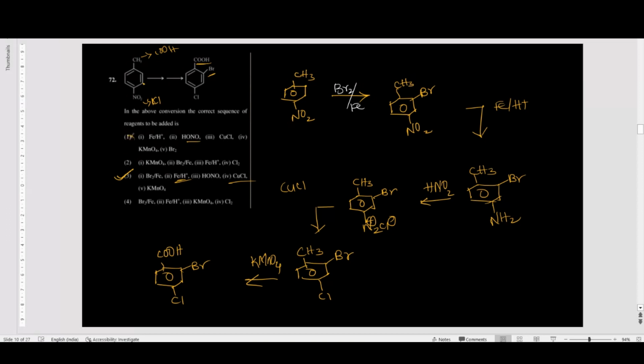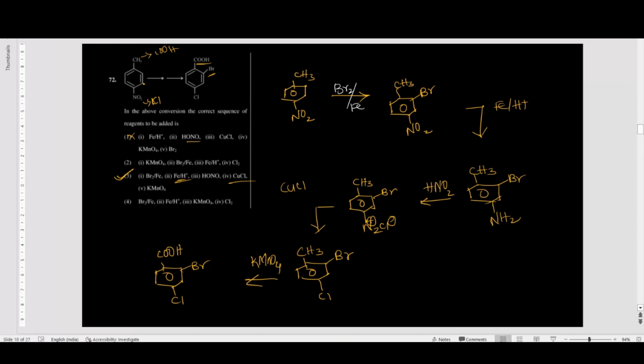So this option is wrong. And over here also they have given KMnO4 first. KMnO4 will convert this CH3 directly to COOH first, and then they have given Br2. So COOH is a meta directing group, and this NO2 is also a meta directing group, so it won't be that favorable. And you can check the last option also.